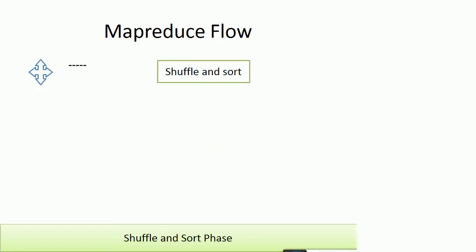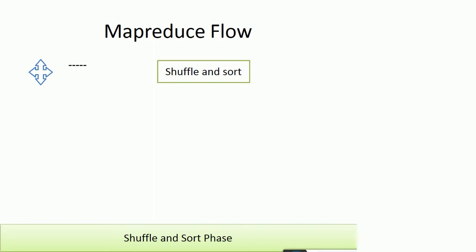Now there is another phase before your reduce phase starts. This is important. Before the reduce phase actually starts, there is a phase called shuffle and sort. Just remember there is one phase; we will discuss this with an example. This phase prepares the data the way it should go to the reduce phase.